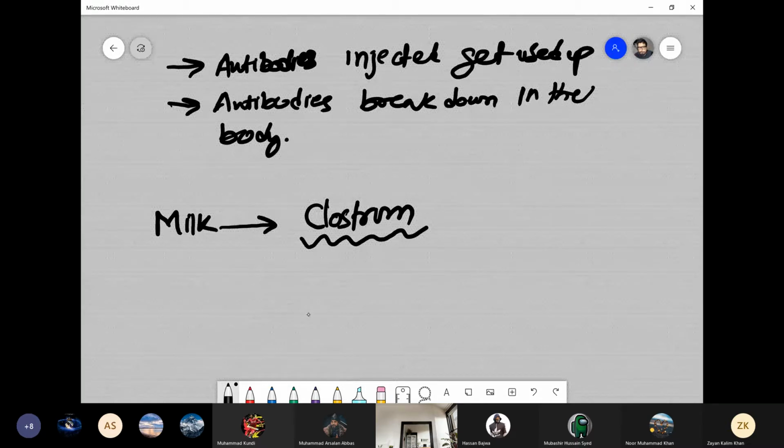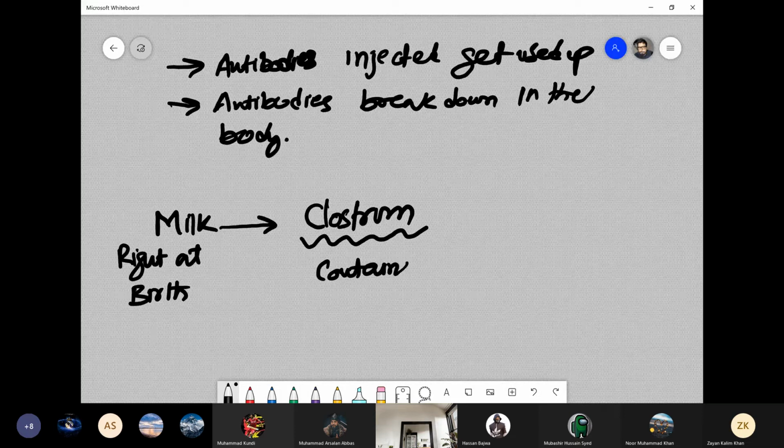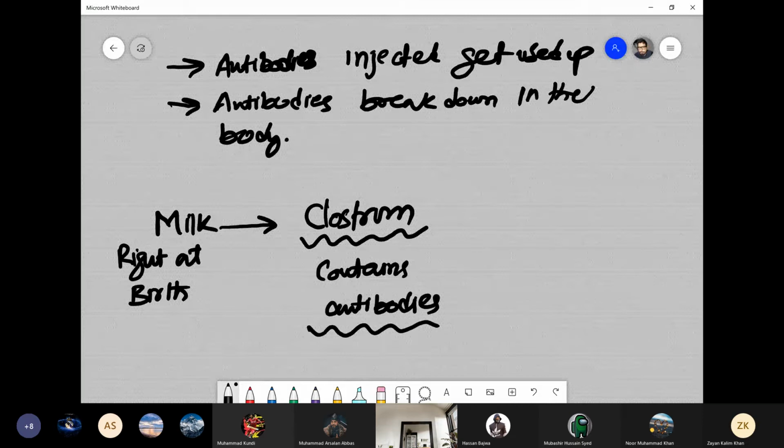Now this milk, right at birth, is called colostrum and it contains antibodies. Now guys, you know that the babies are present inside the body of the mother, in the cleanest environment.